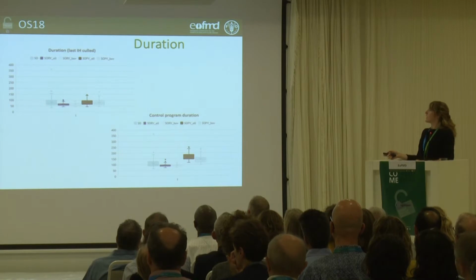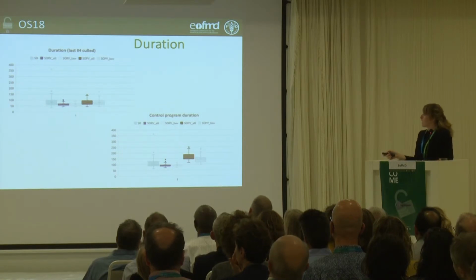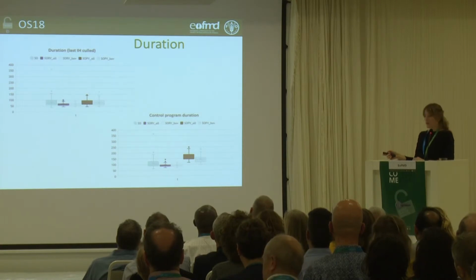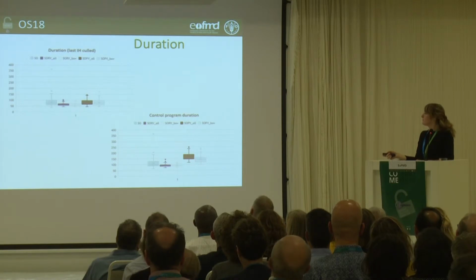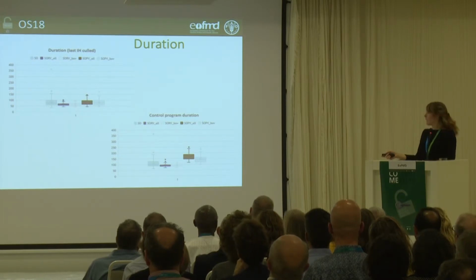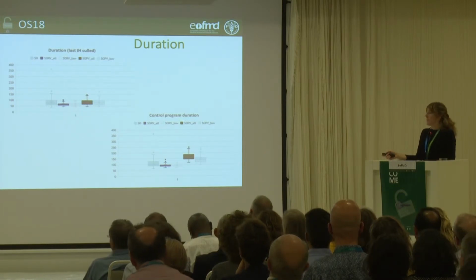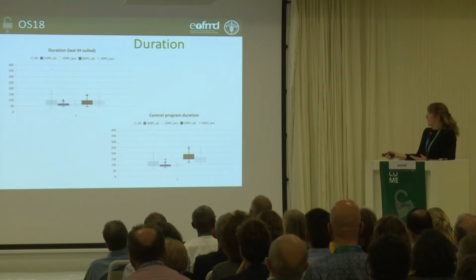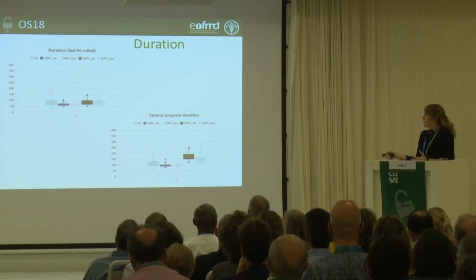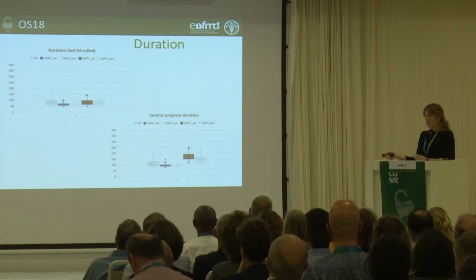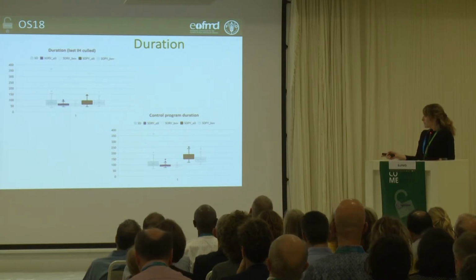If we have a look at the duration of the outbreak, we can see that again, the 2 suppressive vaccination strategies are going to reduce the length of the outbreak. And if we have a look at the control program duration, if we apply protective vaccination, the control program will last longer due to the large number of holdings that we will have to vaccinate.